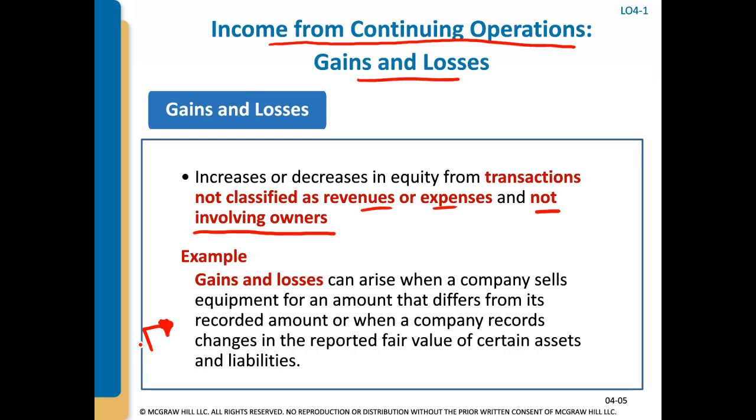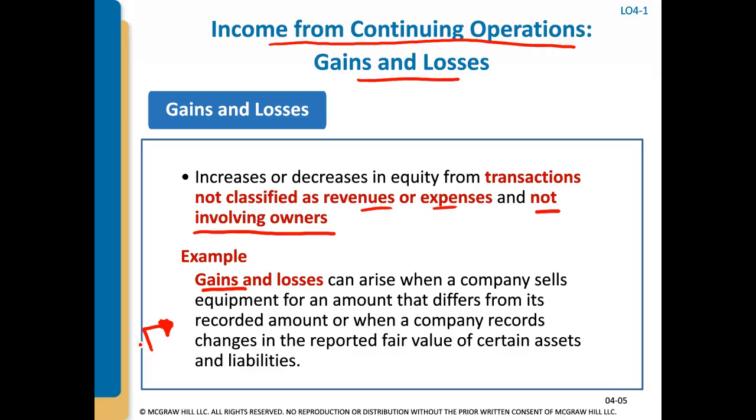So an example is if you are a clothing store and you sell a piece of equipment for a gain, right, for more than its book value. While selling equipment is not your business, your core operation is selling clothes. So that would be reported as a gain on your income statement rather than a revenue.